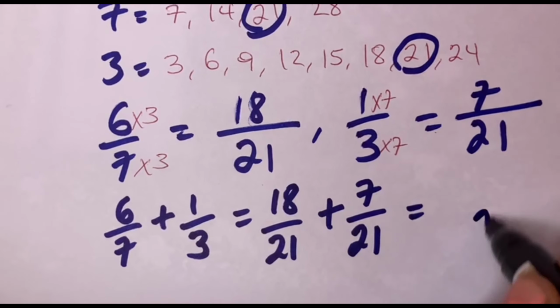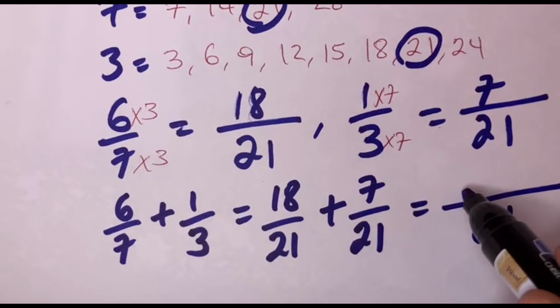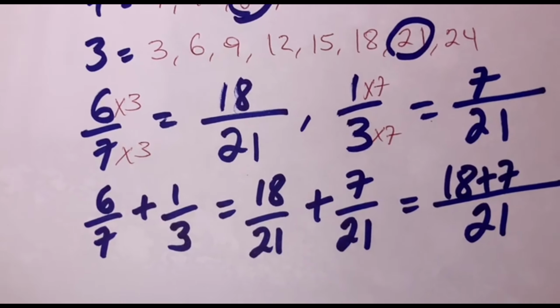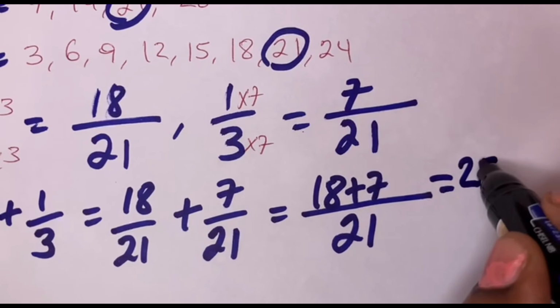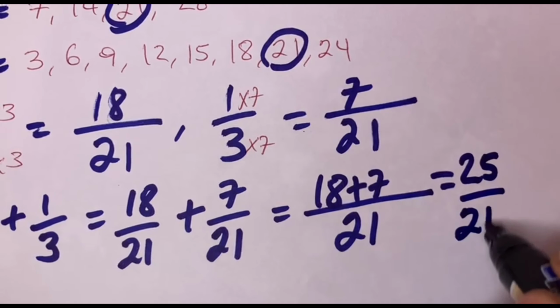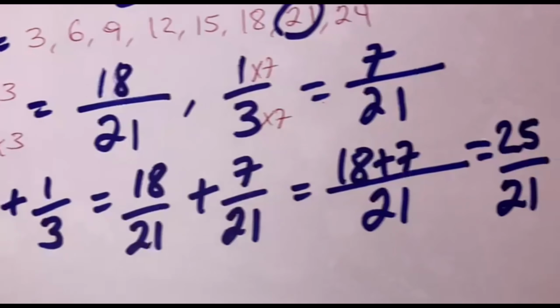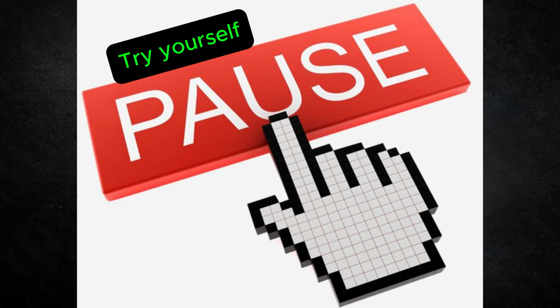So we take 21 as the common denominator and add the top numbers, 18 plus 7. 18 plus 7 will be 25 over 21. Therefore, the addition 6 over 7 plus 1 over 3 will be 25 over 21. Okay, pause this video for this question and try it for yourself. 1 over 9 plus 3 over 8.